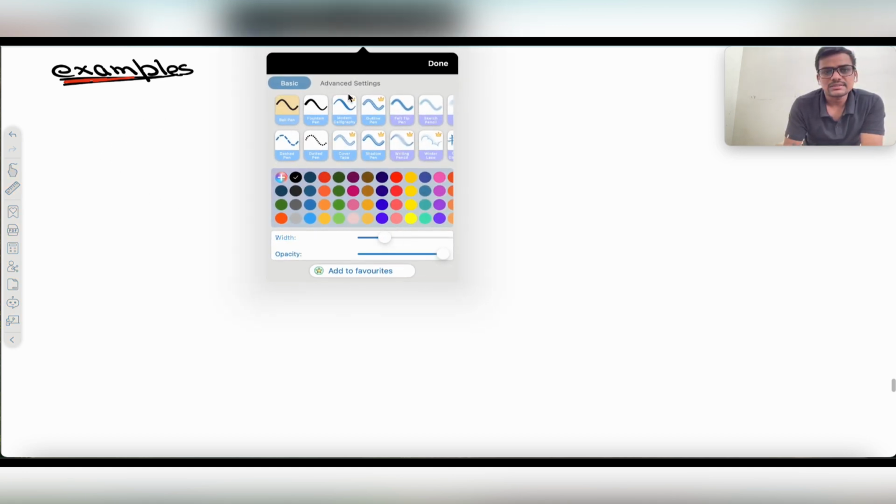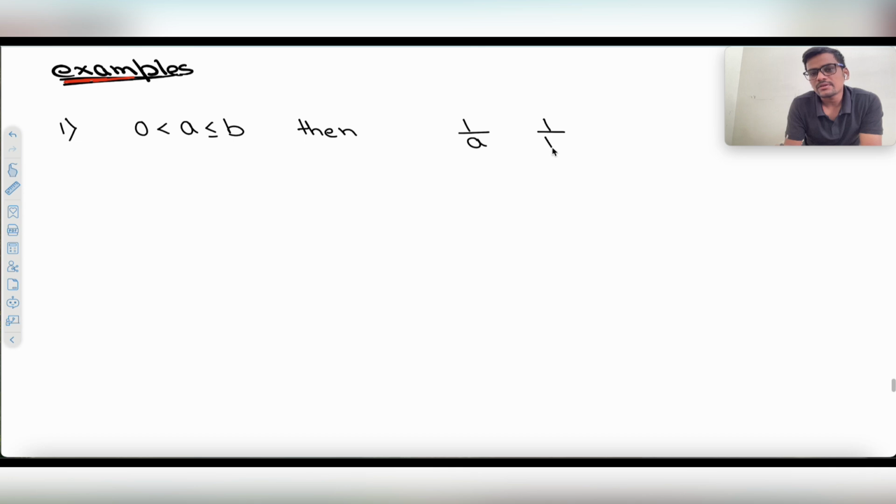So the first problem I want to ask is, suppose we have an inequality A less than equal to B, where both of these are positive numbers. Then what can you say about 1 upon A and 1 upon B?